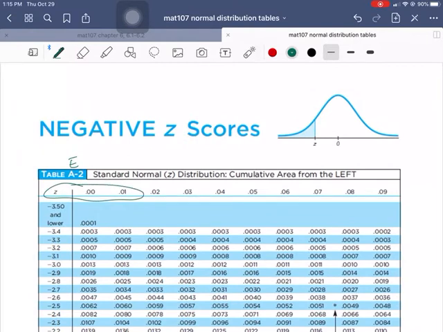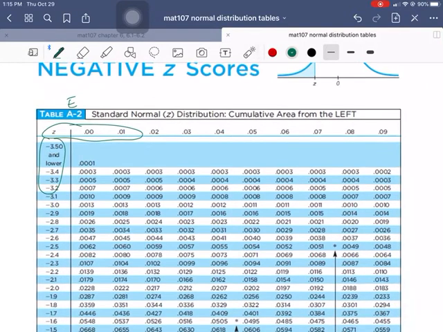These are the z-scores here and here, okay? So if you had a z-score of negative 2.95, you go down to negative 2.9, and you go over to where 5 comes down, and right there is the area to the left of negative 2.95, okay?